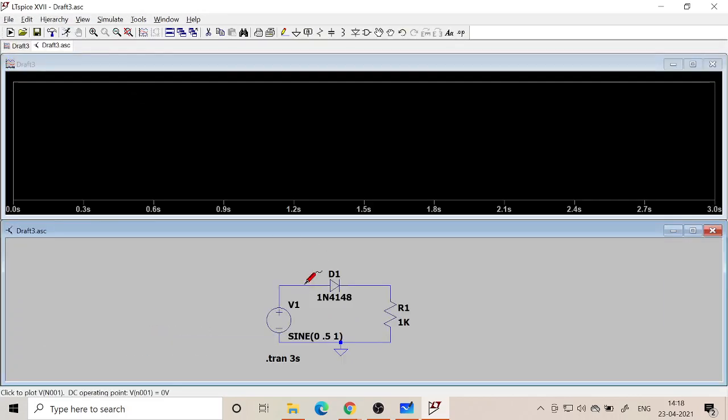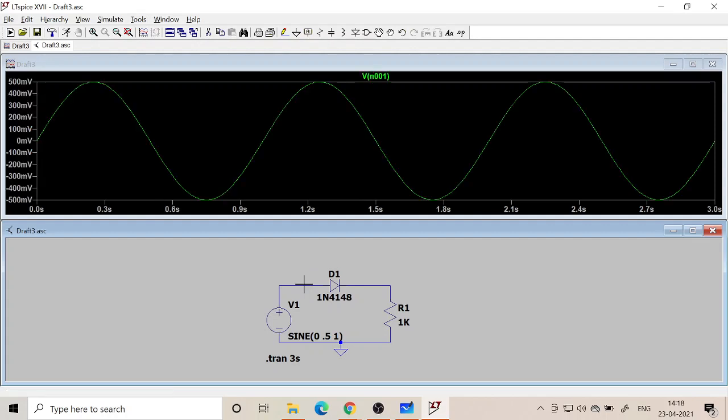My amplitude is now 0.5 or 500 millivolt, which is the same as 0.5 volt. What do you think the output will be? Before I show it, can anybody tell me? If you have followed me, you should be able to tell this. Sir, nothing. Okay, let us check it.